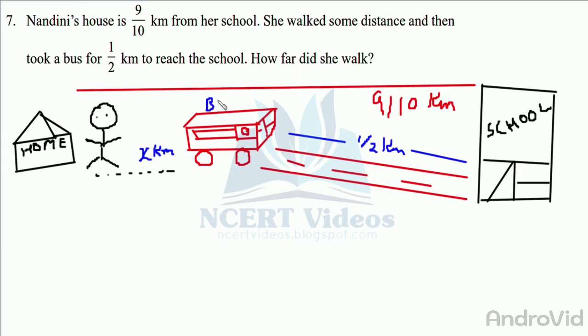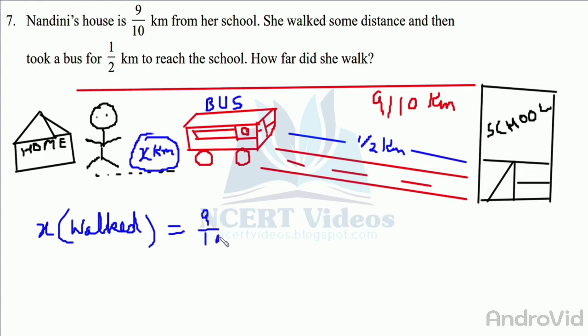That can be found by subtracting the distance traveled by bus, half a kilometer, from the whole distance. So x would be simply 9/10 minus half, that is 1/2.